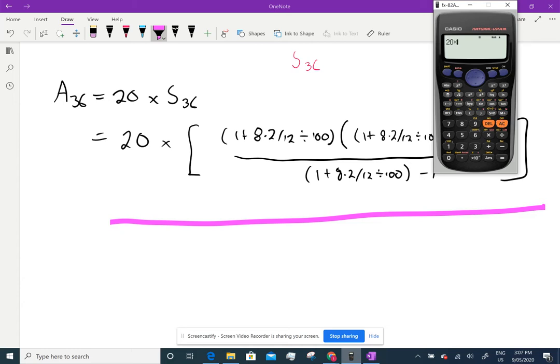20 times, I'm going to need a lot of brackets. So I've got a fraction. First set of parentheses, 1 plus 8.2. Okay, here we go again. 20 times bracket, fraction, bracket, 1 plus 8.2 divided by 12 divided by 100.